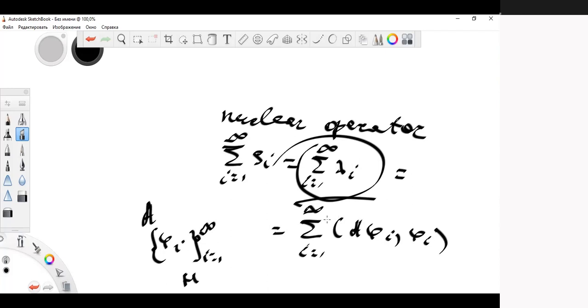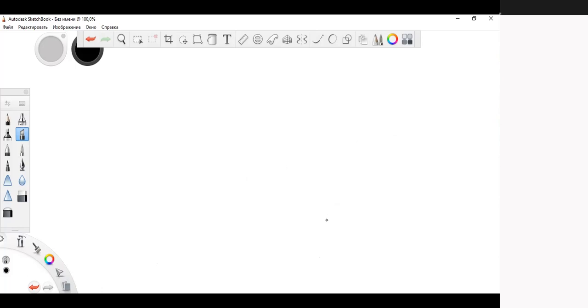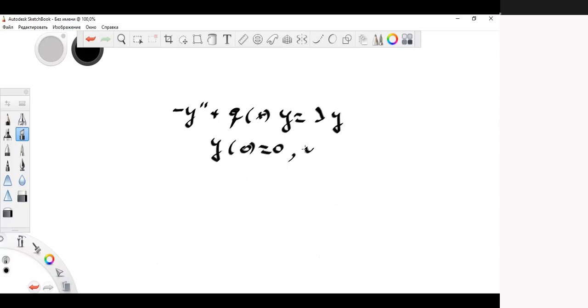But when speaking about unbounded operators, which are differential operators, for example, consider y'' plus a potential q(x) y equals lambda y, with some boundary conditions, say y(0) equals 0 and y(pi) equals 0.